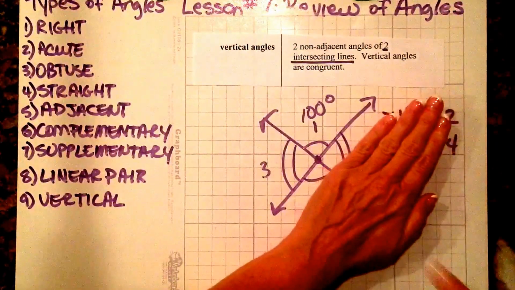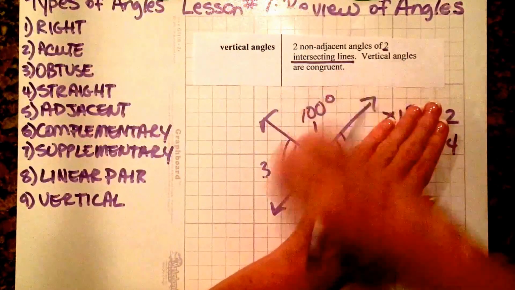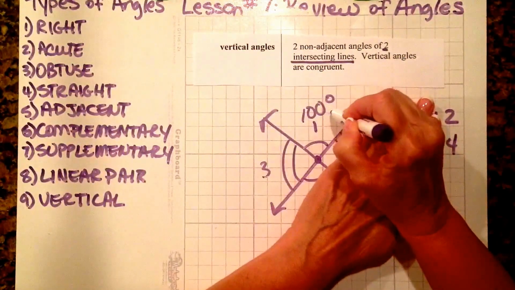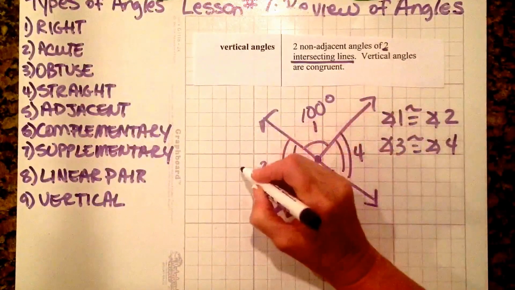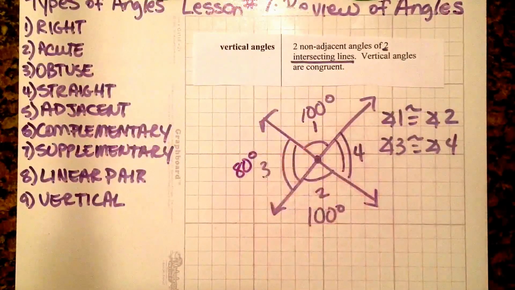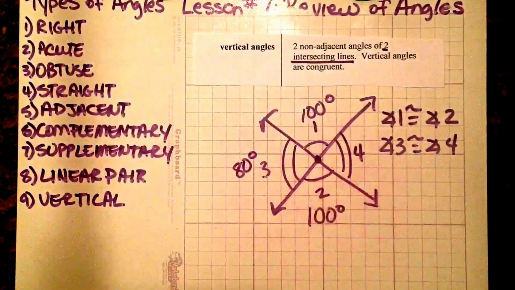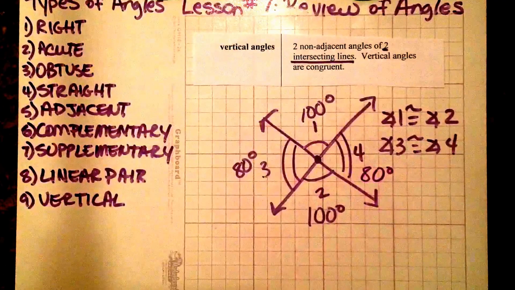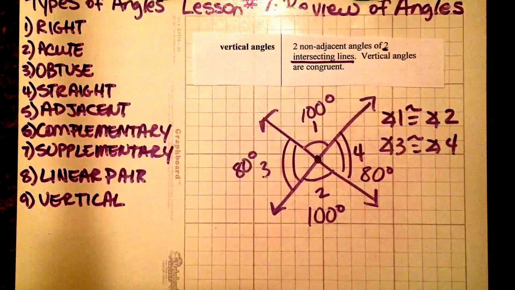So this is a linear pair. 1 and 3 are linear. They're supplementary. So if that's 100, 180 minus 100, this is going to be 80 degrees. And now 3 and 4 are vertical angles. So now I can say that angle 4 is 80 degrees also. So that's our concept of vertical angles.